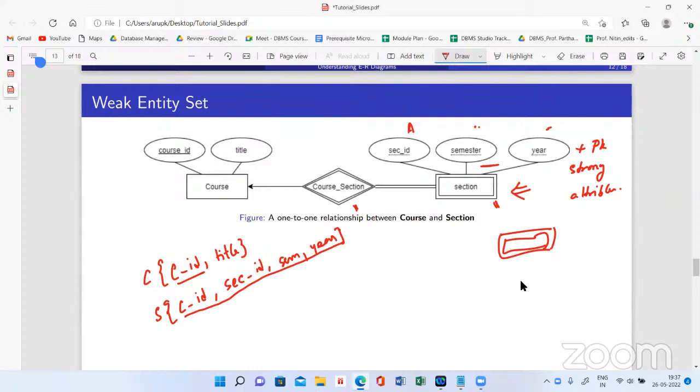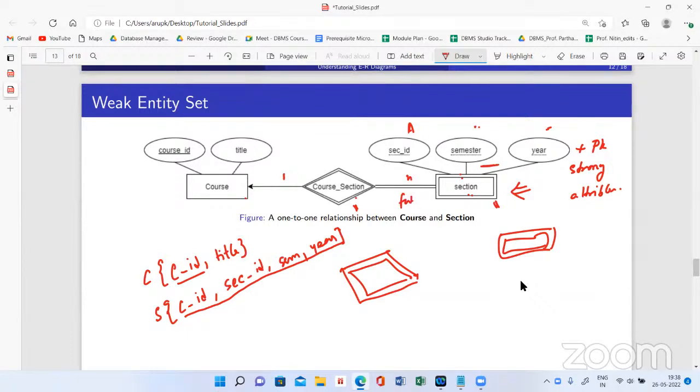The existence of the weak entity depends on the strong entity. That is identified by this relationship, which is put into a double diamond, which says it is an identifying relationship. So the section is a weak entity which will be identified by the course. Without the course, there is no identification of the section. Again, I repeat the meaning here. This is one to n.